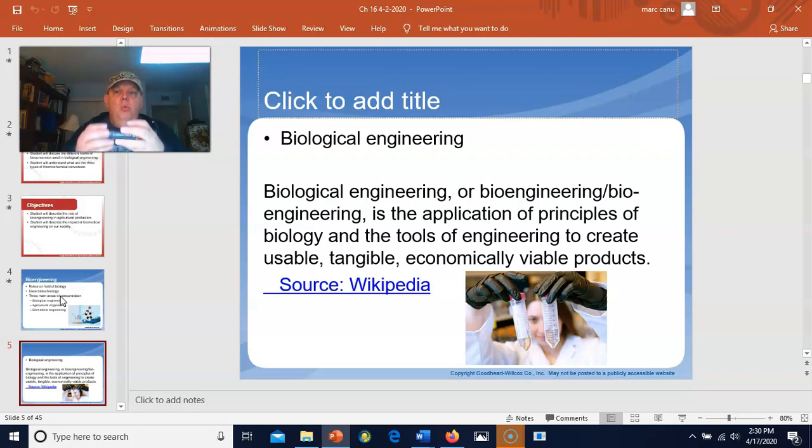We can see it, we can hold on to it. And then we talk about economically viable products. Well, what do we mean by that? Well, we can actually sell it and we can make some money off of it, because that also helps drive human inspiration, human ingenuity, human invention. It's not just biological engineering itself.